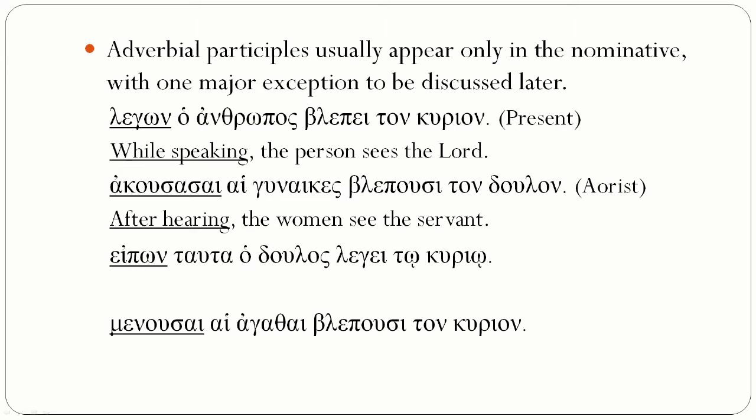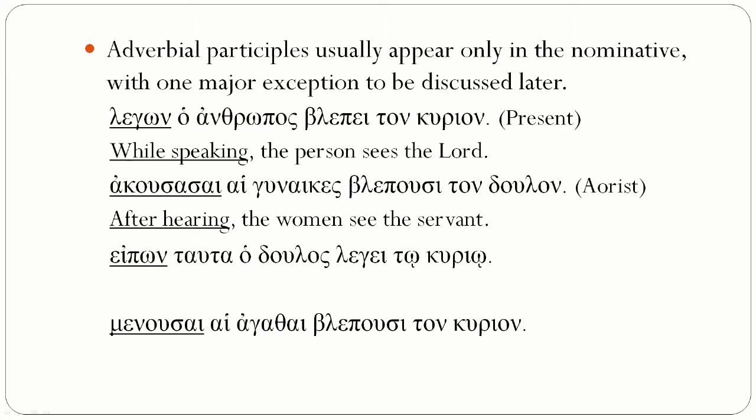Let's go on to the third sentence now. Epon tauta ho doulos lege to kurio. This is an example of a sentence where, as I said before, the adverbial participle is going to be in the predicate position, which means the participle happens outside of the article-noun grouping.